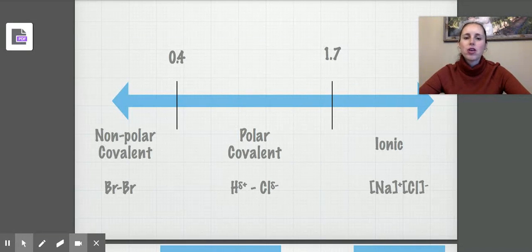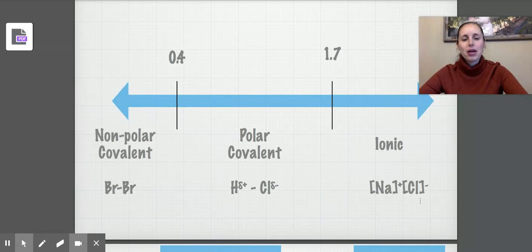So you need to figure out which atom actually has the greater electronegativity using your chart. In this case, chlorine has a greater electronegativity. So we put that weird little figure 8 missing an arm, that dipole moment, and we put a negative here because the electrons are spending more time with chlorine. On the other hand, for hydrogen, we still have that dipole moment, but it's positive in this case because the electrons are spending less time over there.